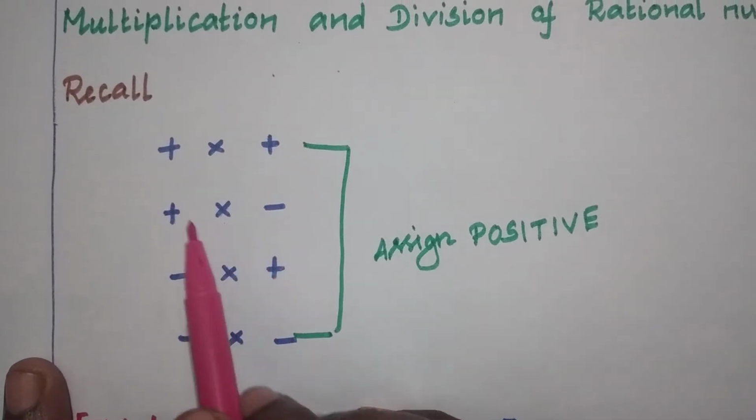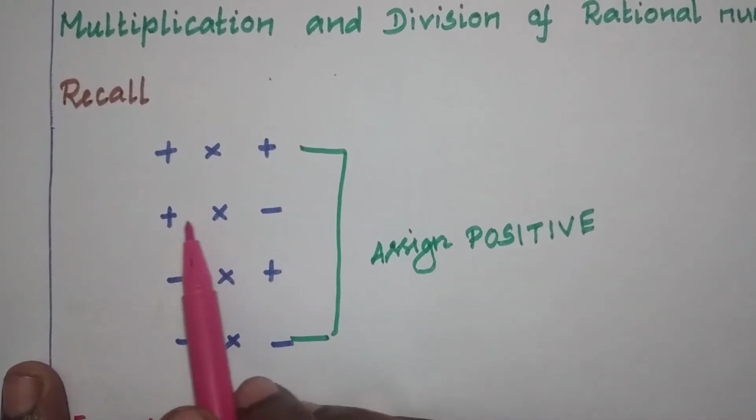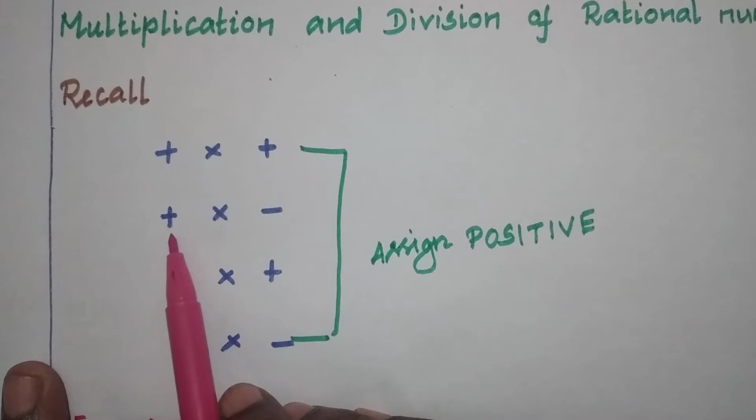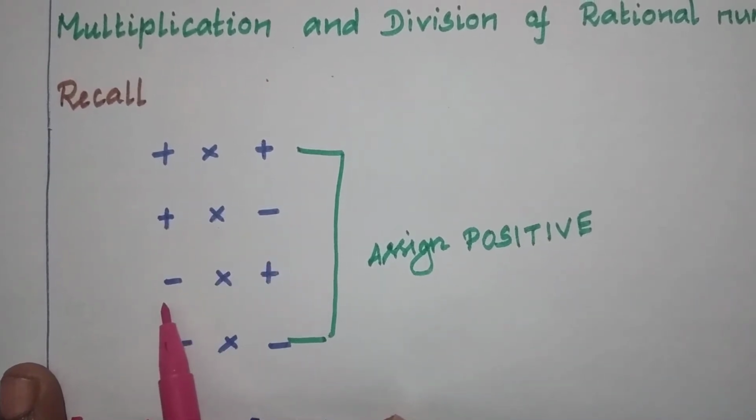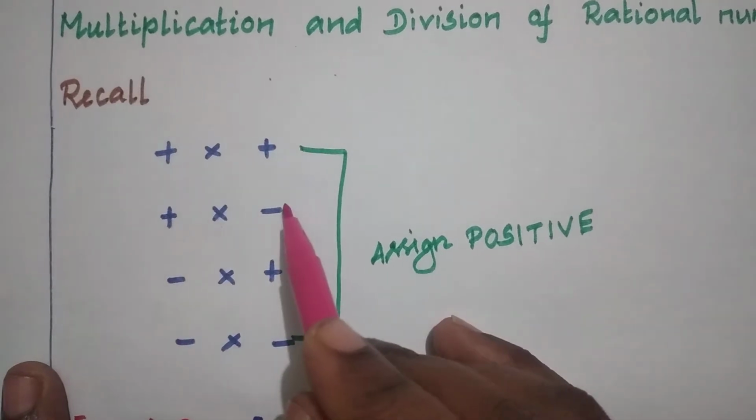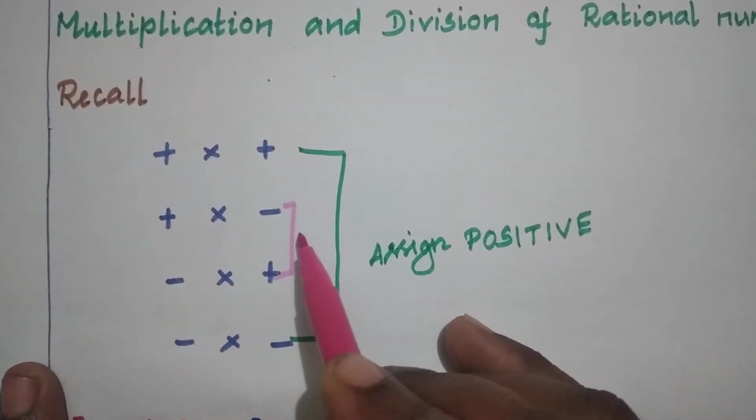When two numbers are in different signs, that is one is positive and the second one is negative, or the first one is negative and the second one is positive, then assign negative sign.